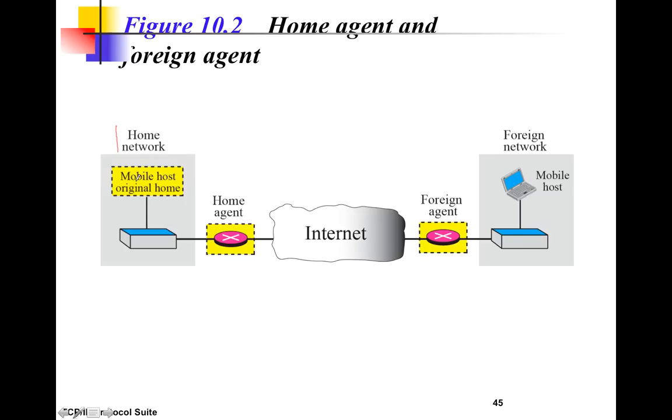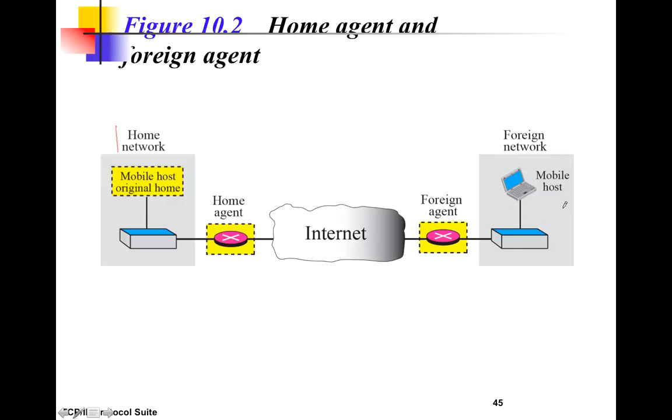When the mobile host moves to the new network temporarily, or the foreign network, you will have an agent there called the foreign agent. And this foreign agent will assign the temporary care of address to the mobile host.